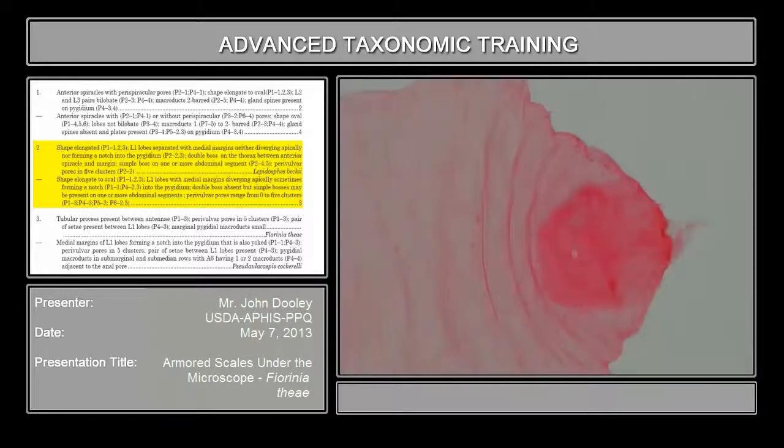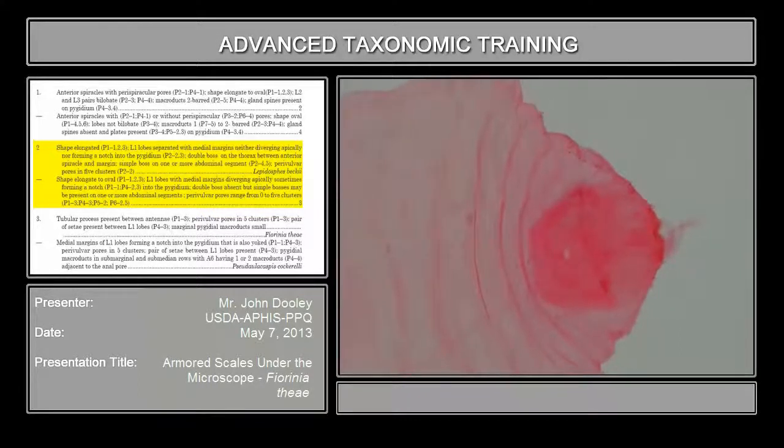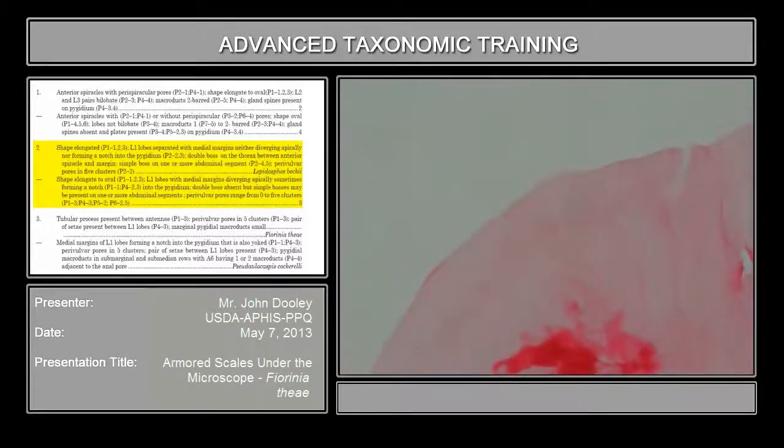On this particular genus, and we're talking about couplet 2, the second part of it, the shape elongate to oval. You'll notice that the shape is fairly elongate, but a little more compact as compared to what we saw with Lepidosaphes. There are two ways in which to go to the genus and the species on this particular specimen.